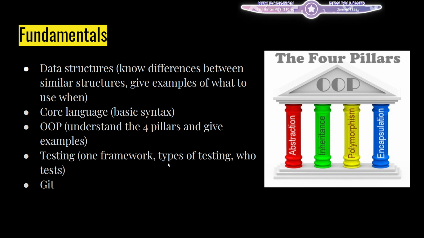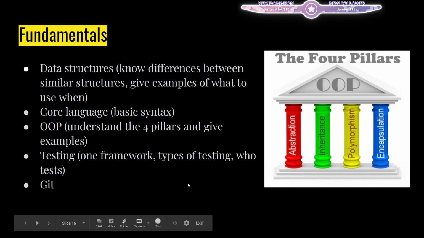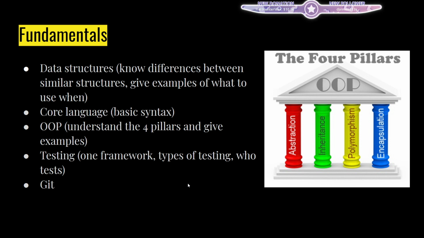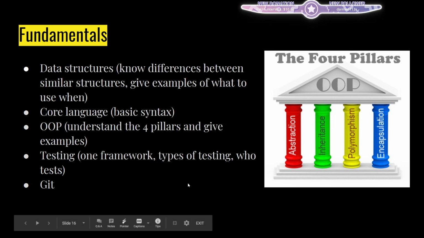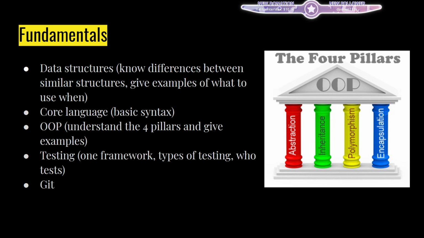So my first question would be, do you know what's the difference between a list and an array? Well, an array is more like a data structure that's kind of a static structure, meaning that you can't really dynamically resize it on the fly.